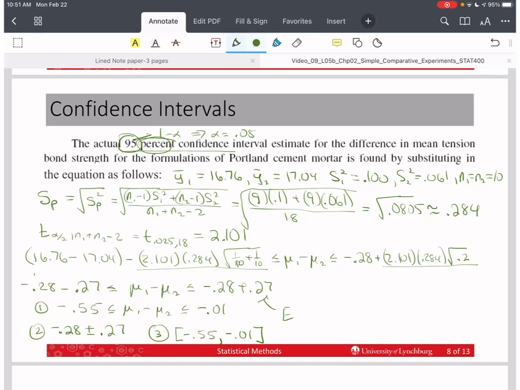And since it's not in the confidence interval, we would say that at a 95% confidence level, the difference between the two means does not contain 0, and therefore they are different at a 95% confidence level. Okay.